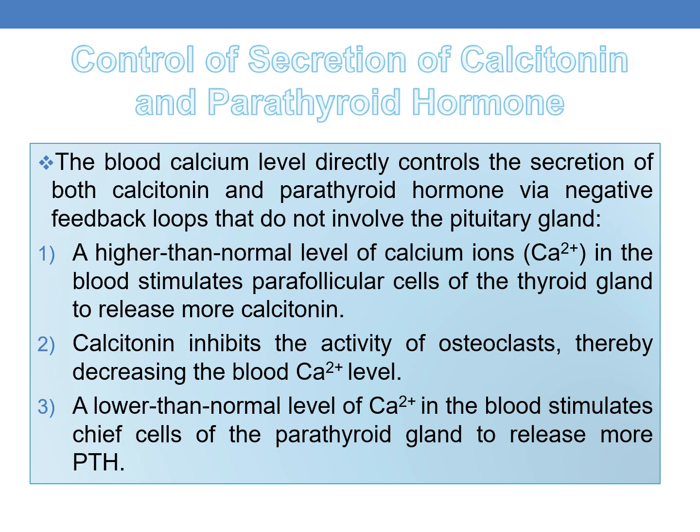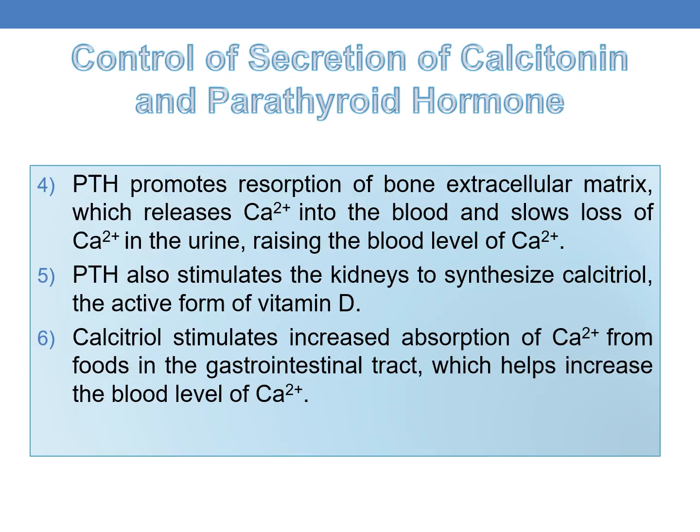A lower than normal level of calcium in the blood stimulates the chief cells of the parathyroid gland to release more parathyroid hormone. The parathyroid hormone promotes the resorption of bone extracellular matrix, which releases calcium into the blood, and slows the loss of calcium in the urine, raising the blood calcium levels.